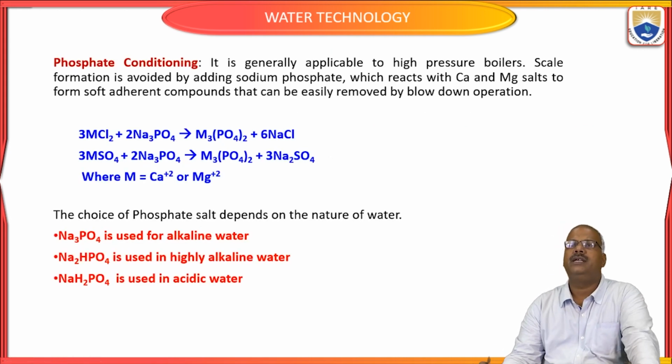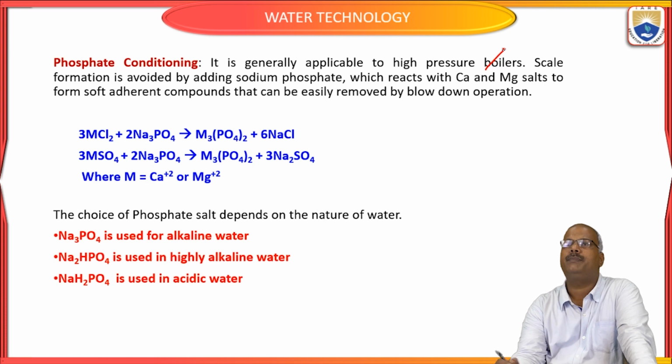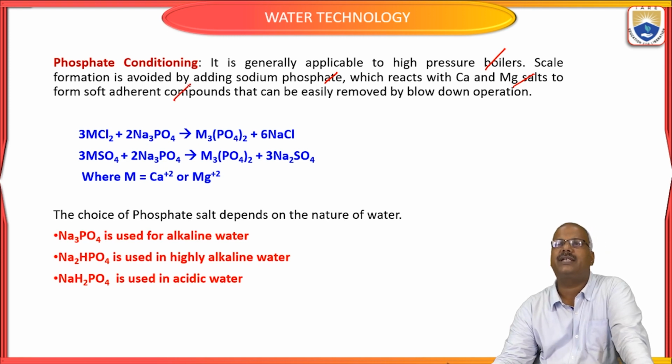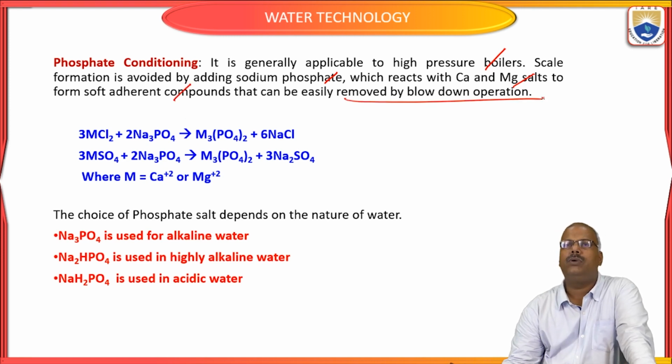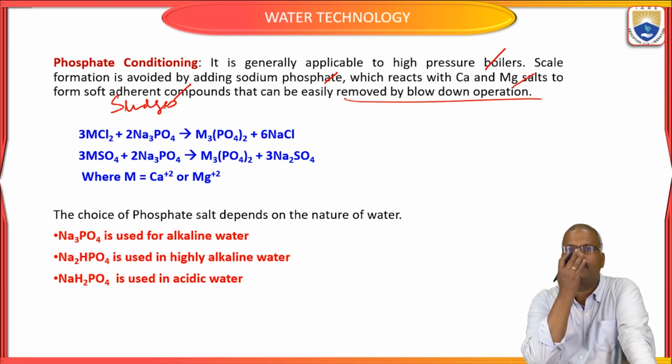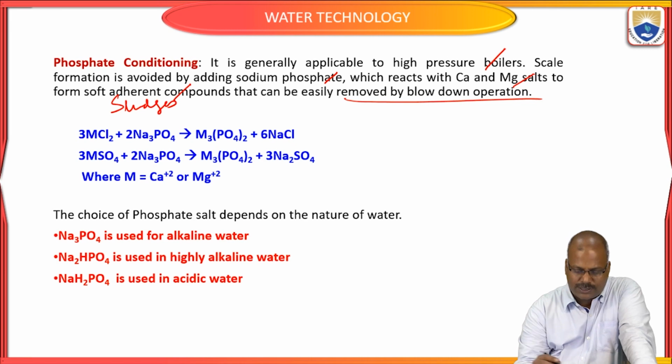Phosphate conditioning. It is generally applicable to high pressure boilers. Scale formation is avoided by adding sodium phosphate, which reacts with calcium and magnesium salts to form soft compounds that can be easily removed by blowdown operation. That is, soft means sludges, not scales.